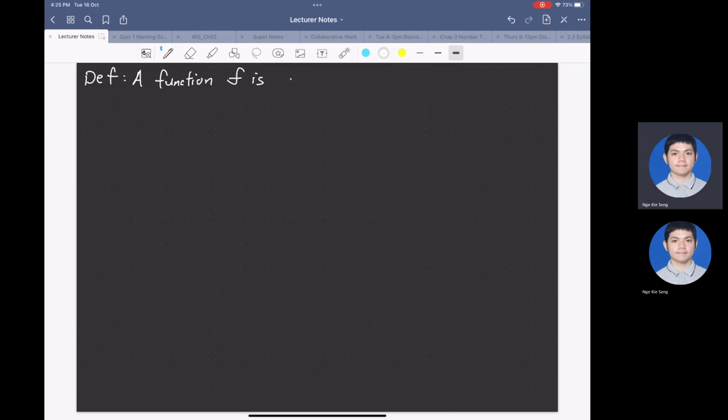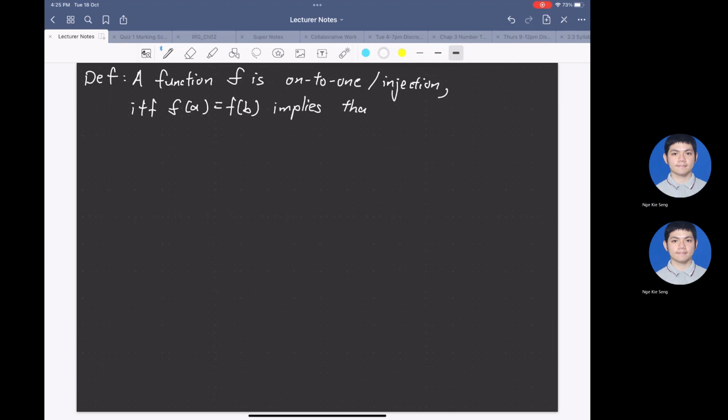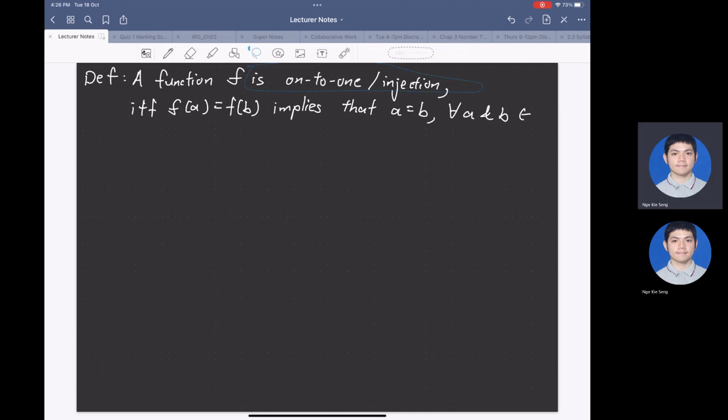So a function is one to one, or we call it injective, if and only if f(a) equals f(b) implies that a equals b for all a and b in the domain space.